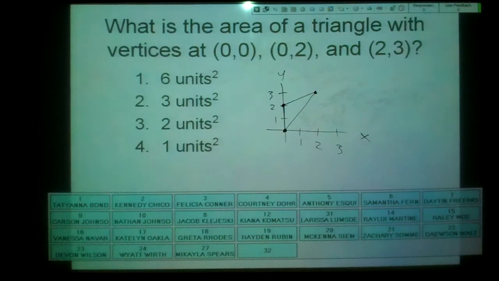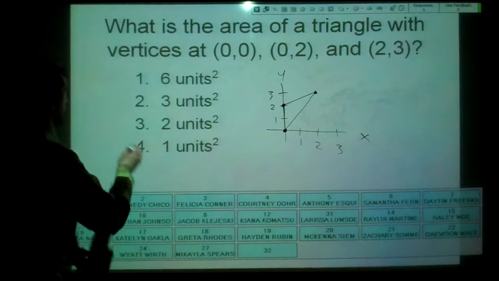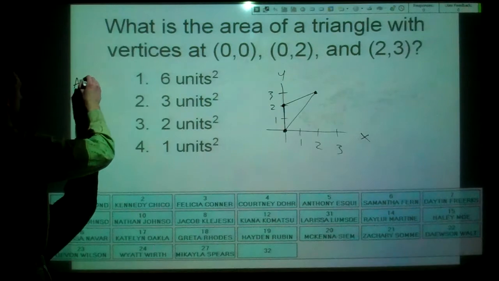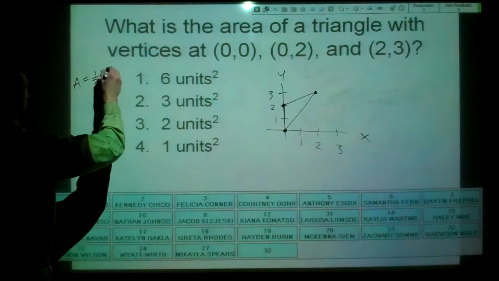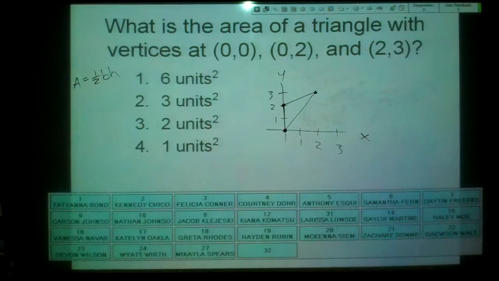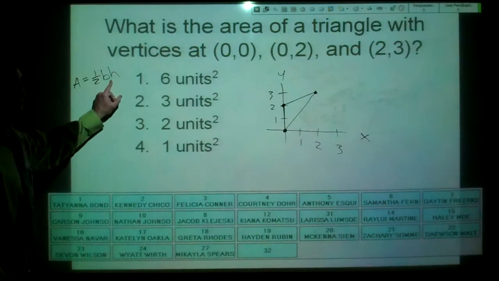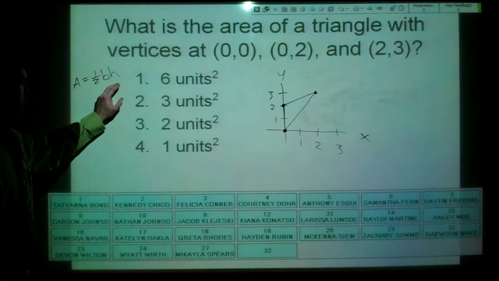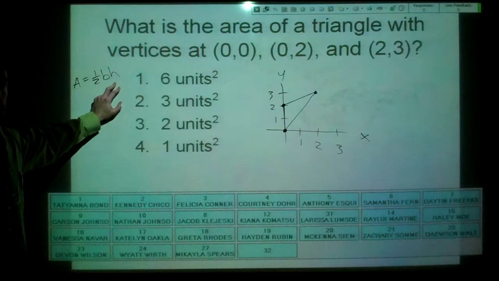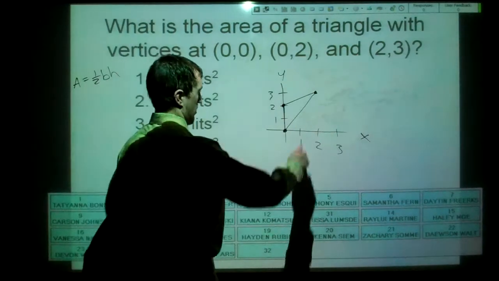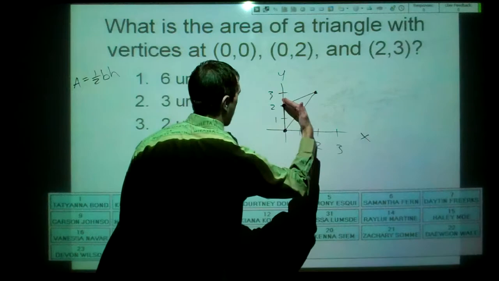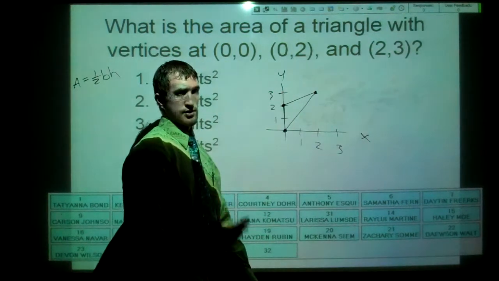Well, the area of a triangle is 1/2 base times height. However, we're going to have issues because the height is at a 90-degree angle to the base. So if we call this our base, we'd have to have a height right here that's 90 degrees to the top.